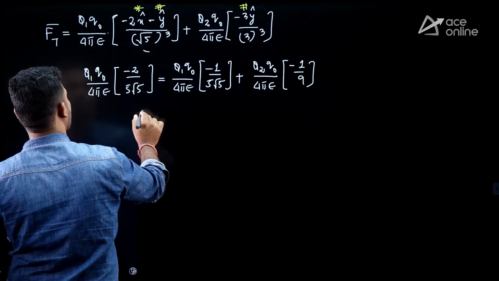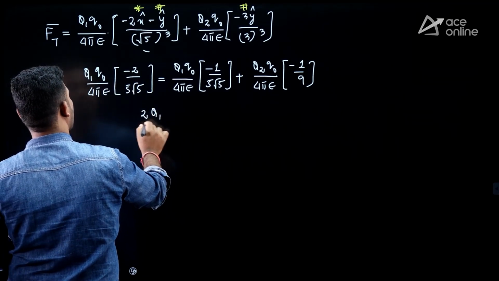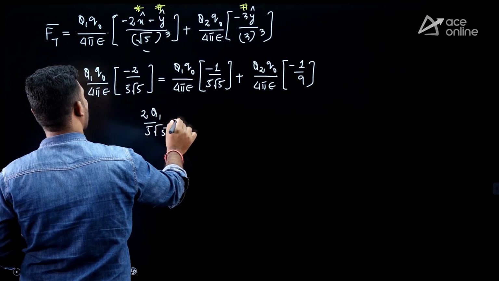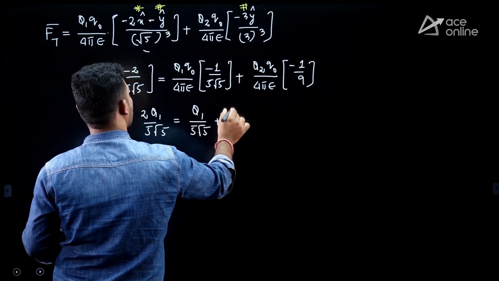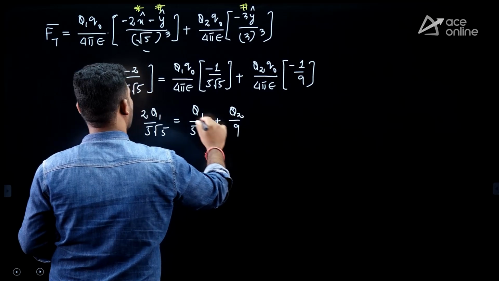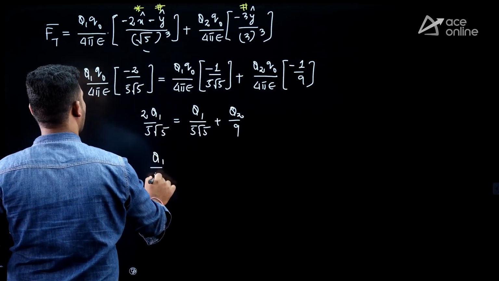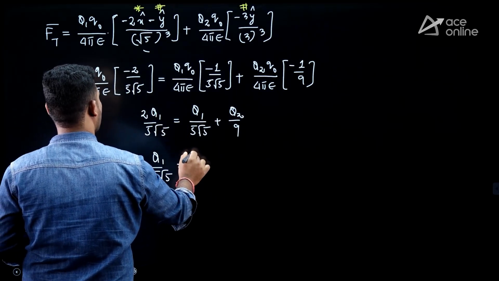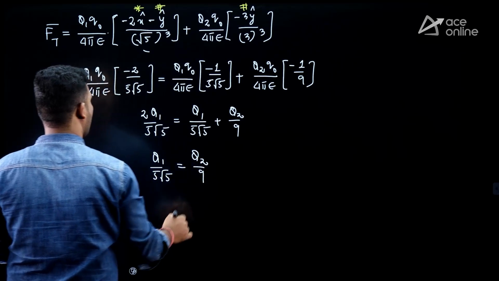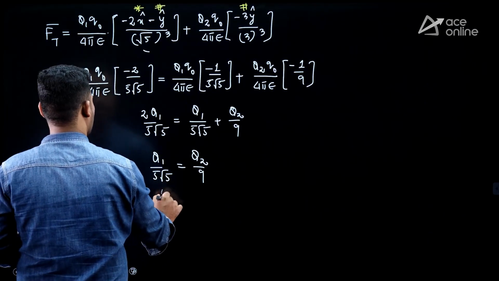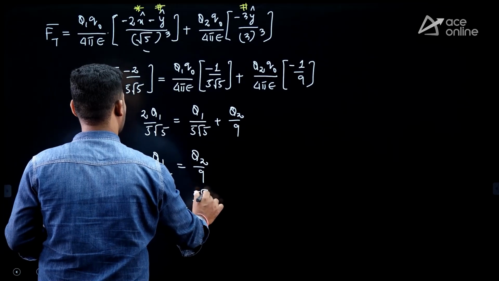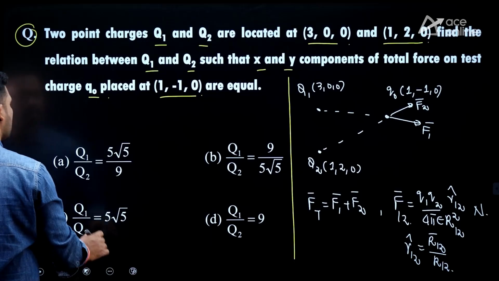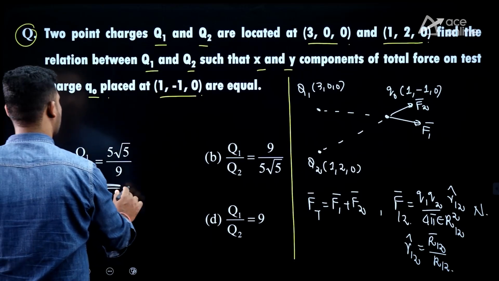So it will become 2 into q1 divided by 5 root 5, it is q1 by 5 root 5 plus q2 divided by 9. Bring this one here. It is q1 divided by 5 root 5 is equal to q2 by 9. So what is asked? q1 by q2 is equal to 5 root 5 by 9. Clear, guys? So option A is the answer.